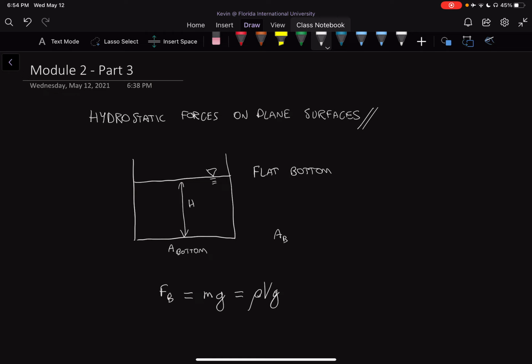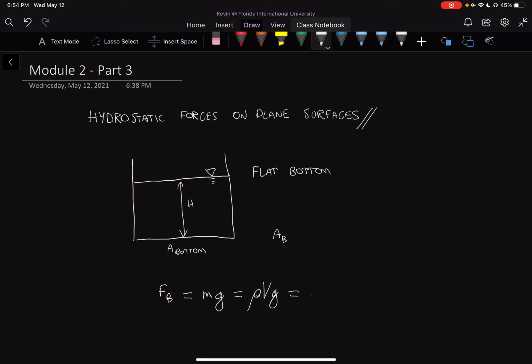Now we can put it in terms of A of the bottom times H. So the force is equal to rho times g times volume, where the volume is A of the bottom times the height of the fluid. It's just a dimension of area multiplied by the height.